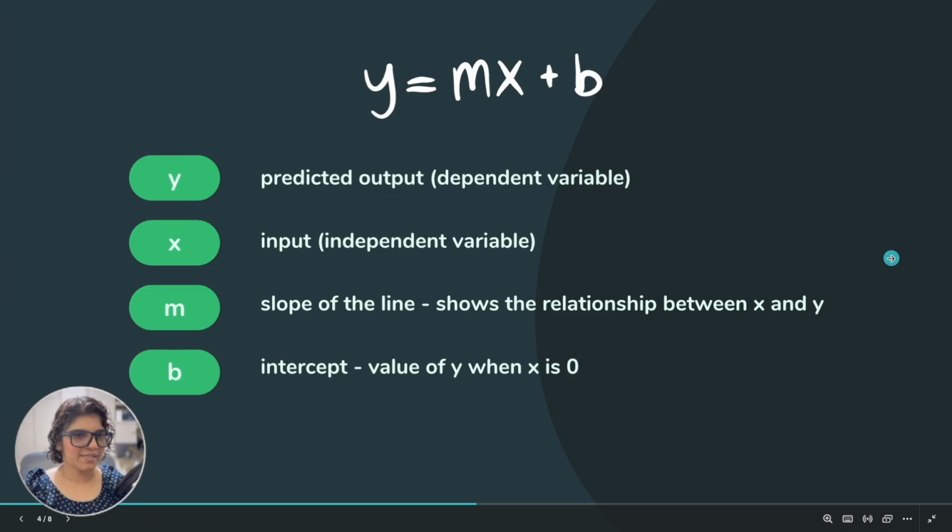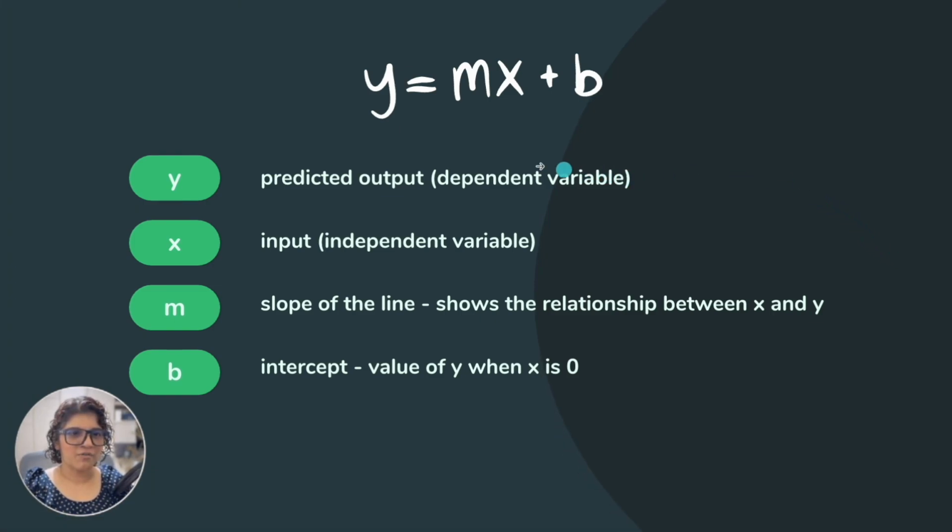Okay, let's break this down. Here's the formula for linear regression. Here, y is our predicted value, that's the target, the label, and what we are trying to find. Here, in our case, resale price. X is the input feature, like the size of the house if we are predicting house prices, floor area or story code.